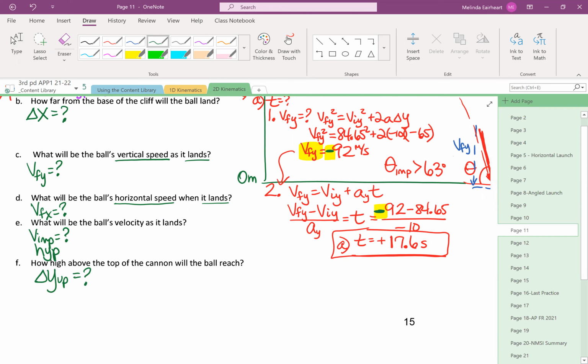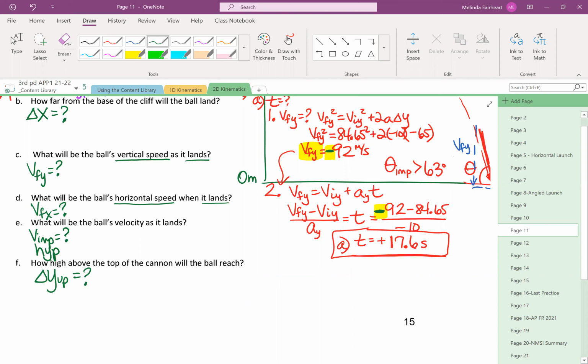So horizontal distance, range. We use the same equation 99.9% of the time. What equation do we use in the horizontal? Not the first one. Because in the horizontal, what's true?